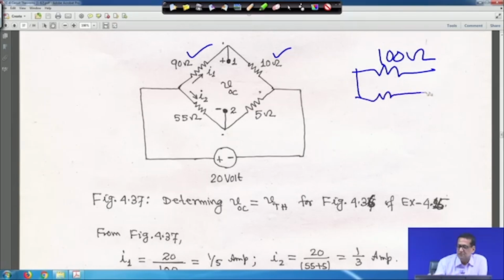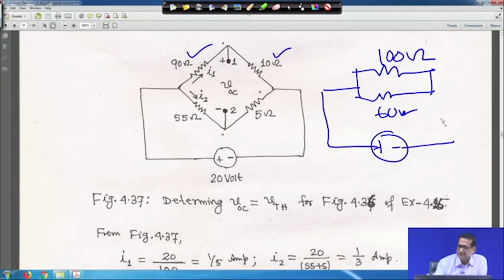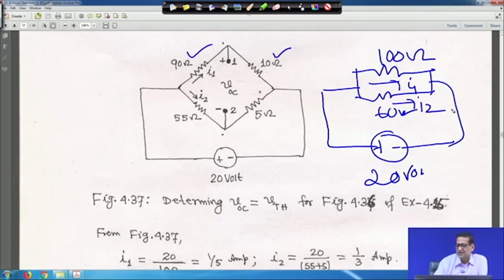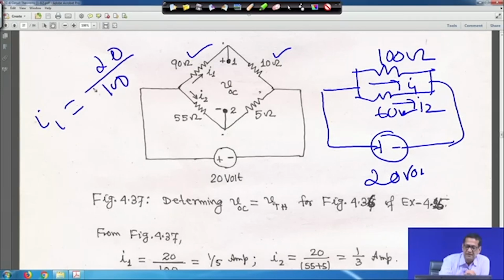So it will be 60 ohm, and with that the 20 volt source is connected, with current I1 through one branch and current I2 through the other. Therefore, I1 is equal to 20 volt divided by 100, so it becomes 1 by 5 ampere.